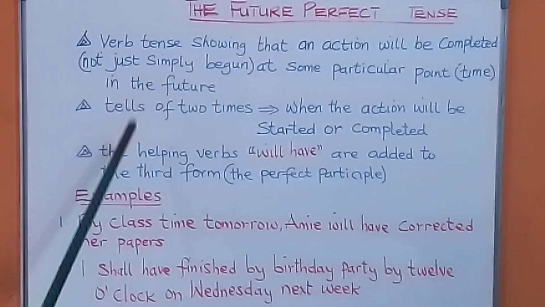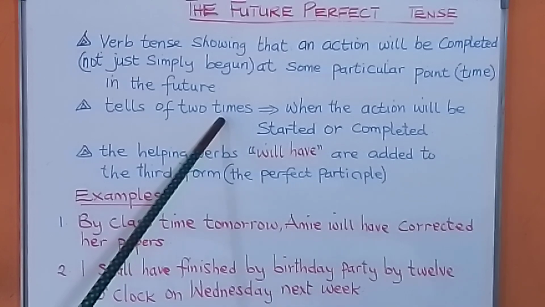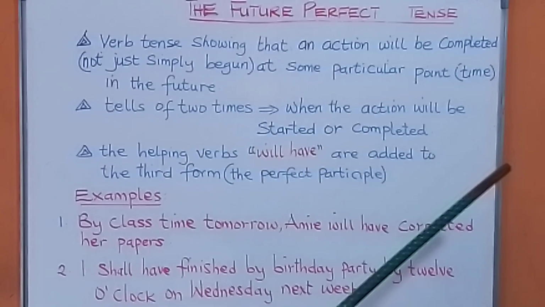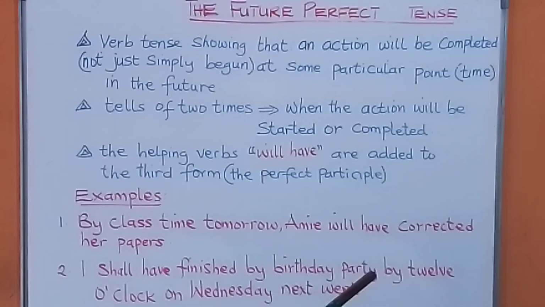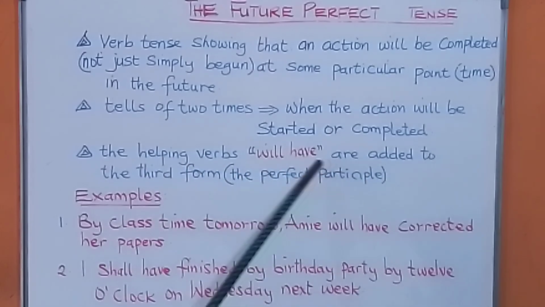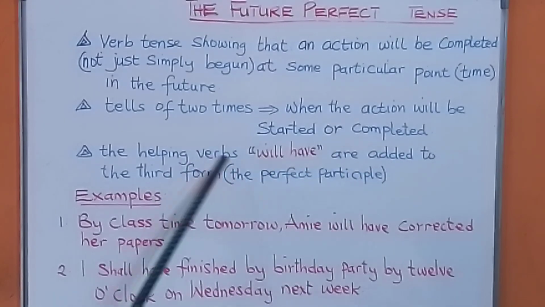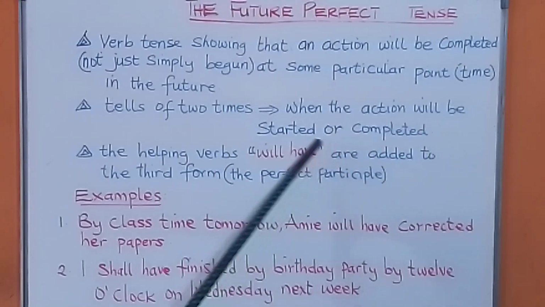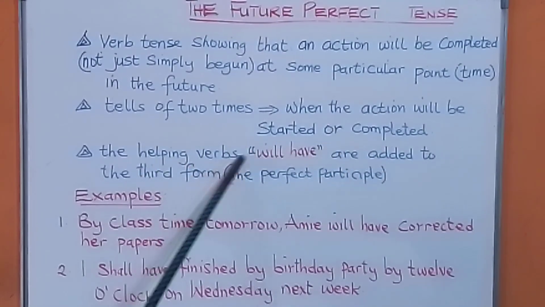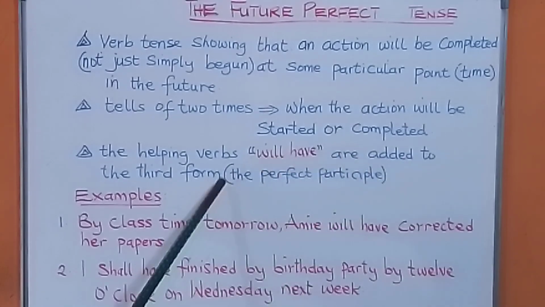So it tells you two times: when the action will begin and when the action will be completed. So the helping verbs will have are added to the third form, the perfect participle.